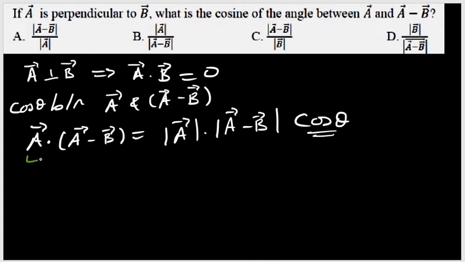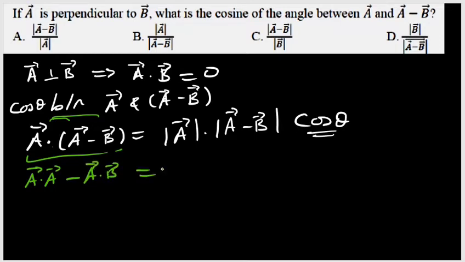We are looking for cosine of theta. So let us expand this dot product and remove the bracket. When you distribute, A dot A minus A dot B remains on the left side, and the right hand side stays as it is, magnitude of A times magnitude of A minus B times cosine of theta.